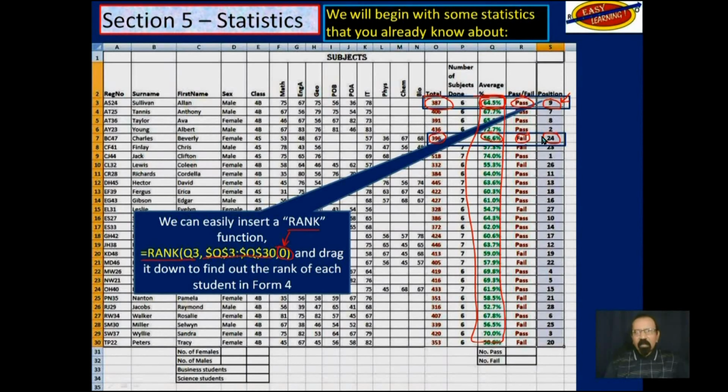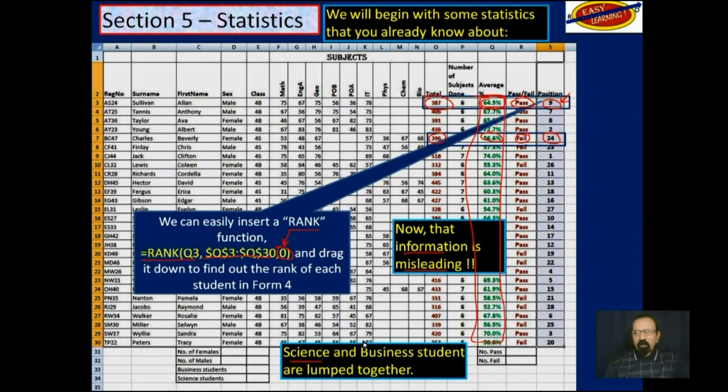Now, if you leave it like that, it would be somewhat deceptive. This information is misleading because we have 2 separate classes here. We have business and science. So now we will have to separate the rank by business and science.